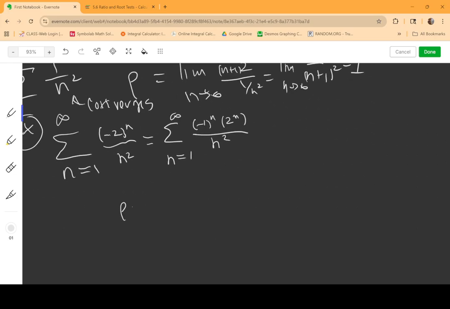So my rho is going to be the limit as n goes to infinity. The way I'm going to write this is 2^(n+1) over (n+1) squared. When I take a ratio, division of fractions is nothing but multiplication by the reciprocal.